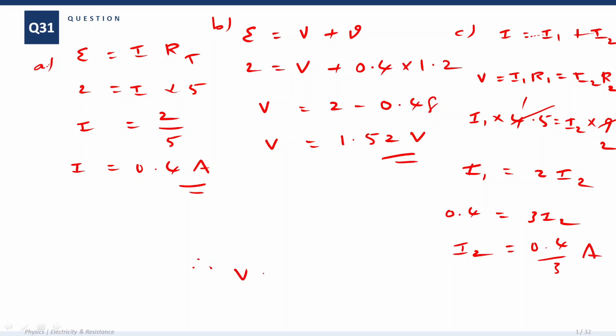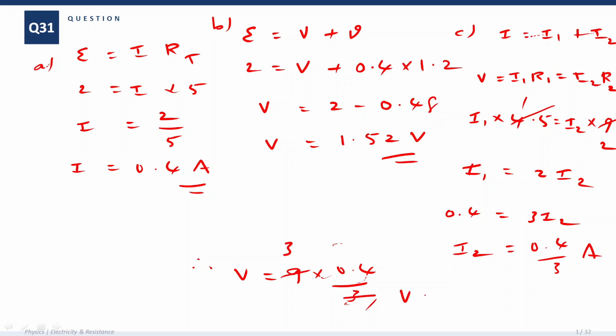So V equals resistance 9 times the current we found, 0.4 by 3. 9 divided by 3 is 3.